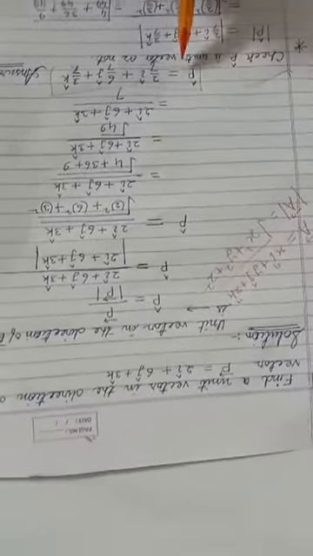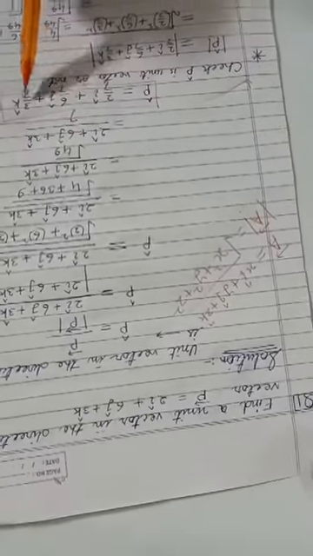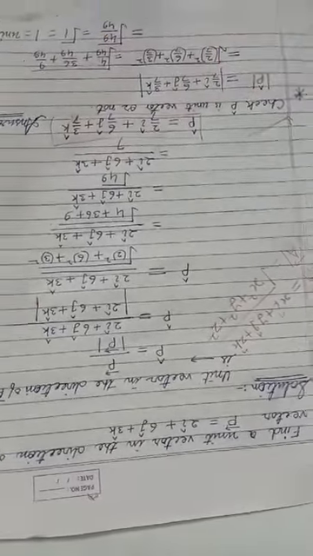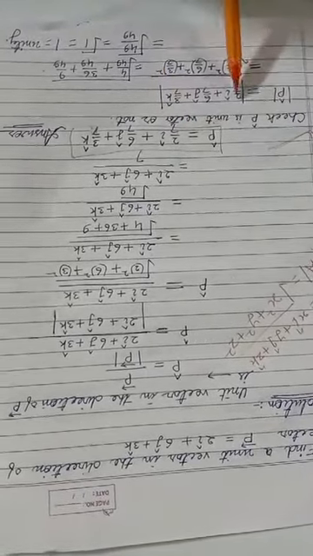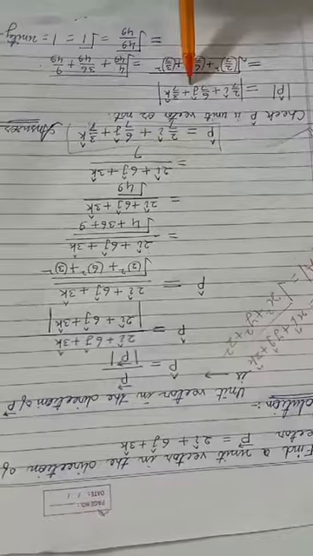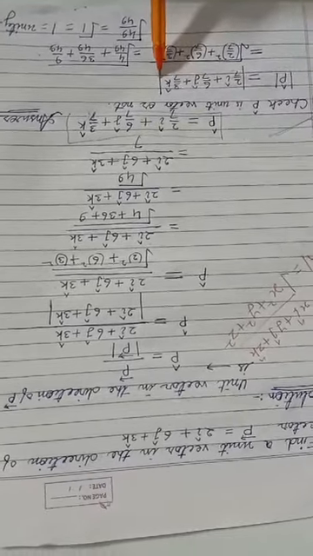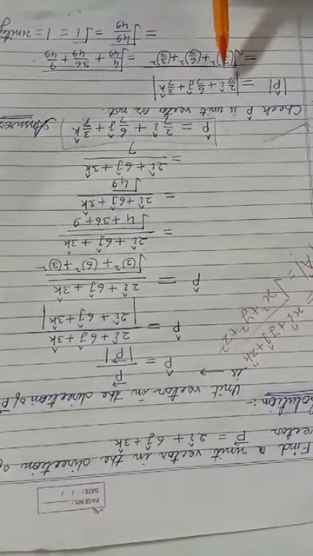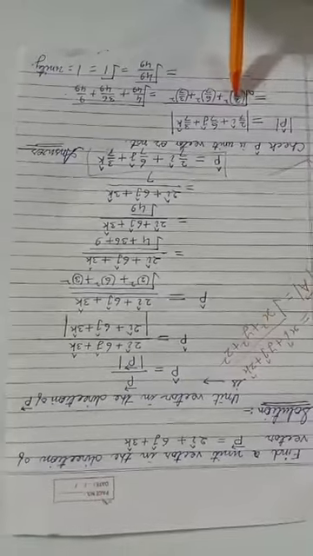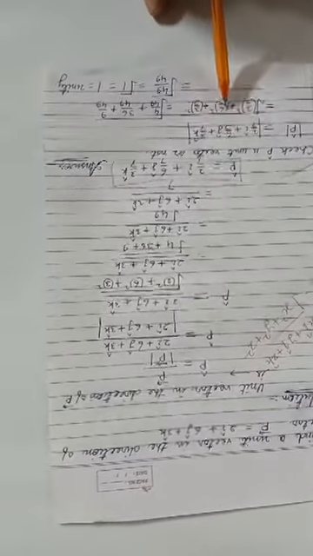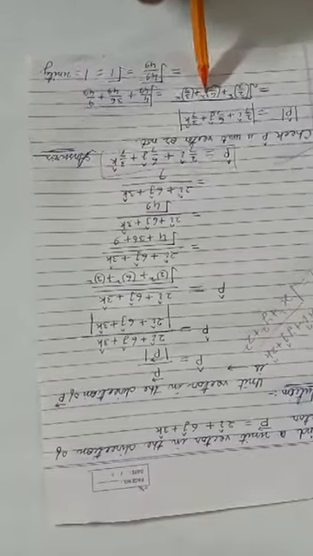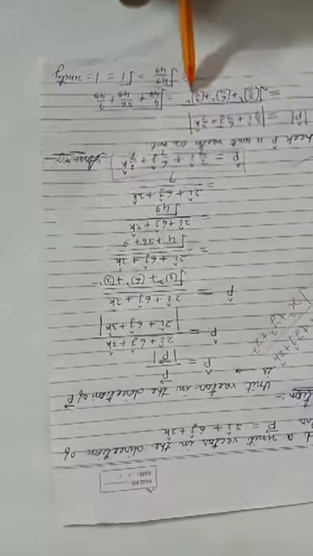But if you want to check whether the answer is correct or not, you can find its magnitude. The magnitude of this unit vector is mod of 2 by 7 i cap plus 6 by 7 j cap plus 3 by 7 k cap. Here the coefficient of i is 2 by 7, so 2 by 7 square, plus the coefficient of j is 6 by 7, so plus 6 by 7 square, and the coefficient of k is 3 by 7.